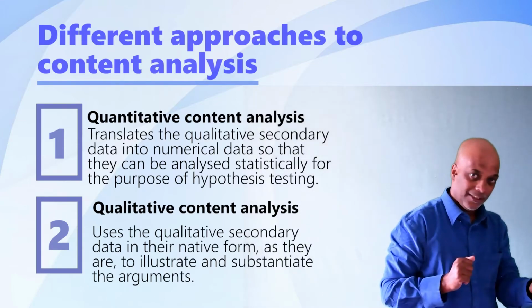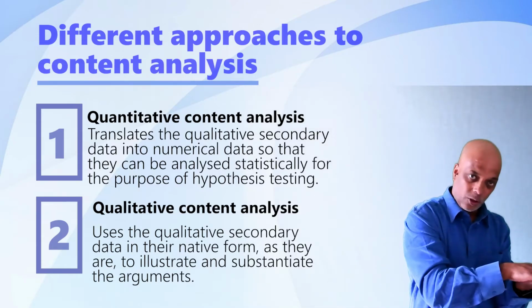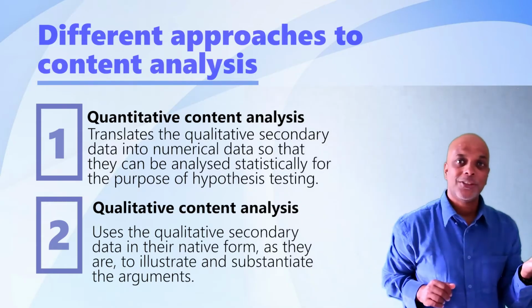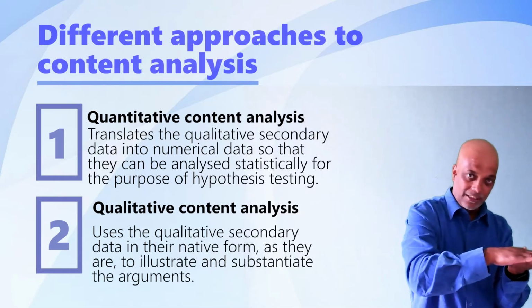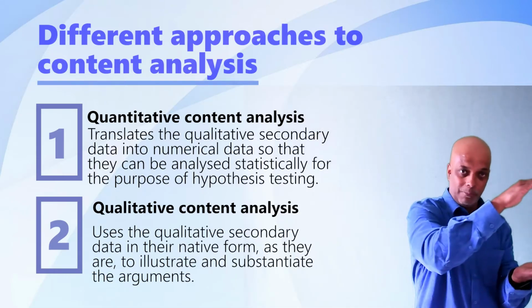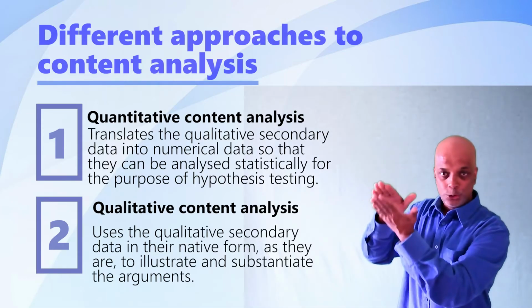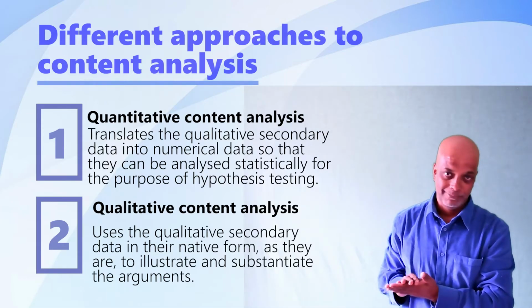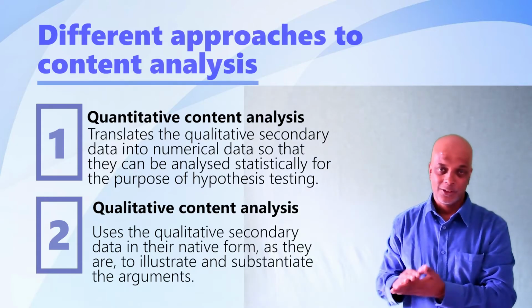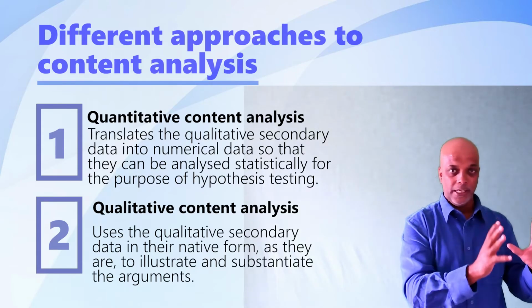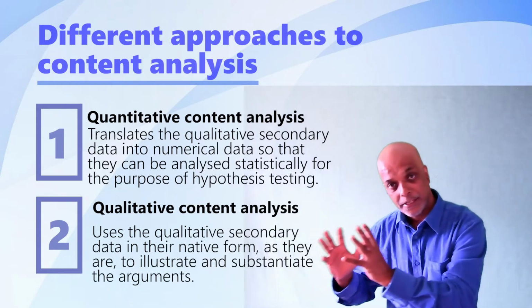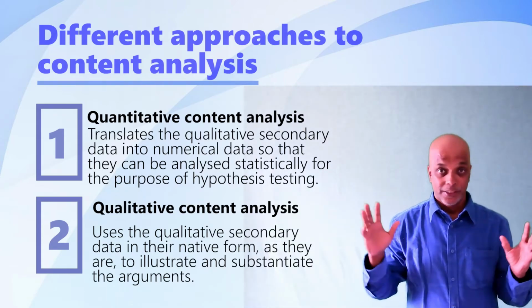And on the other side, quantitative side, data is qualitative, but the analysis is quantitative, and it translates the quality into numbers or quantities. And here, you use the quality as a quality. So that's the difference between quantitative content analysis and qualitative content analysis.